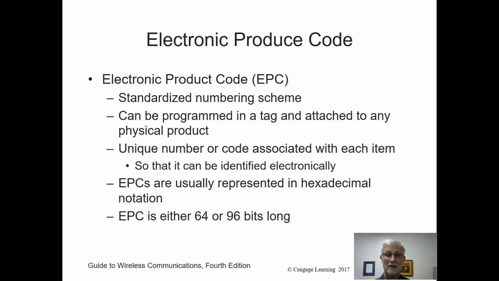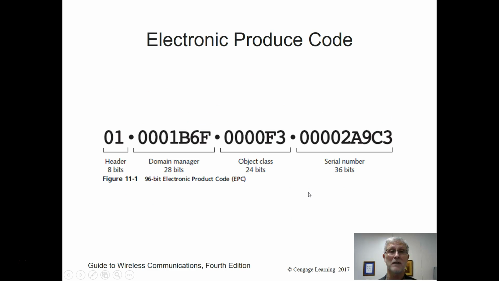Granted, you're seeing here that instead of the length of a MAC address, the EPC code is either 64 or 96 bits long, and I think there's some discussion about going to 128 in the near future. But it's written in hex, so it gives you a whole lot more information about that.